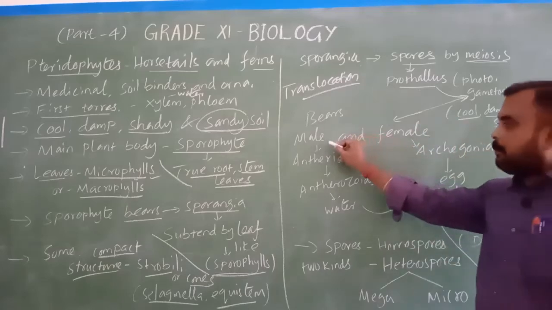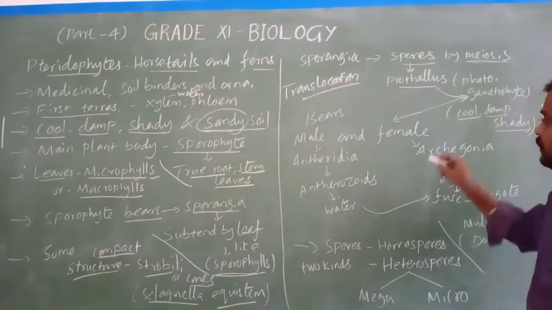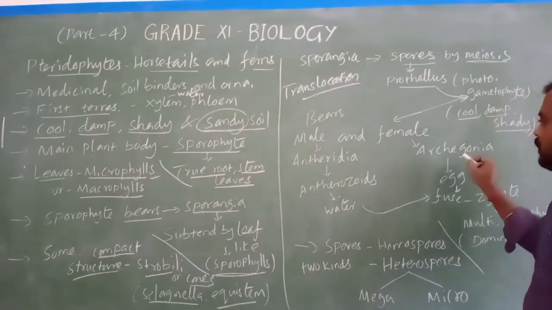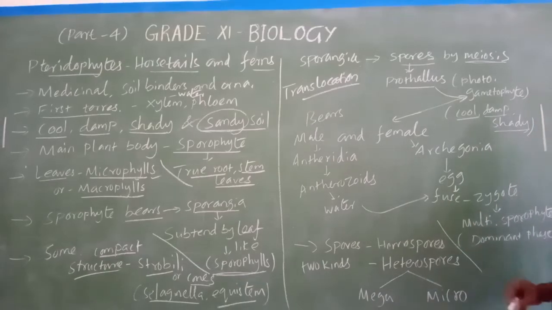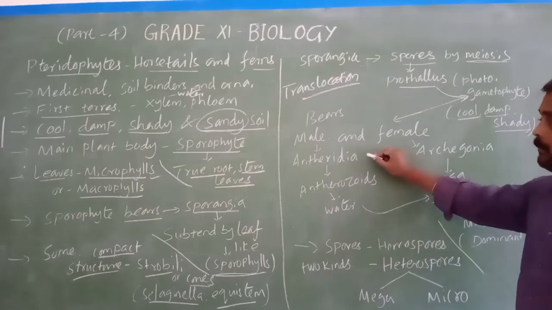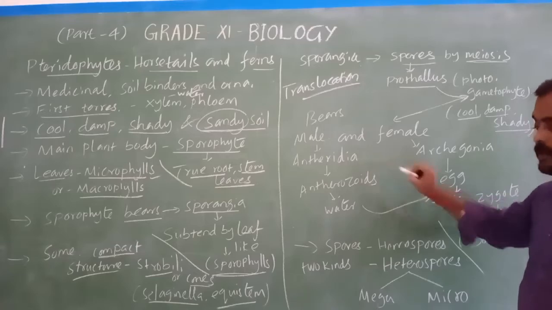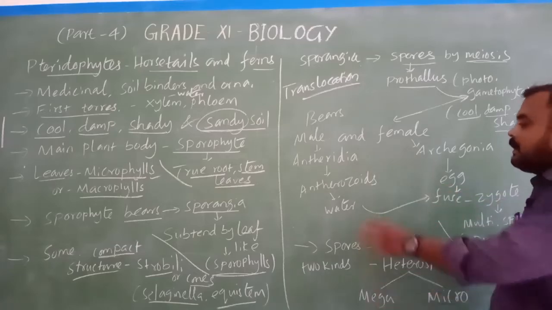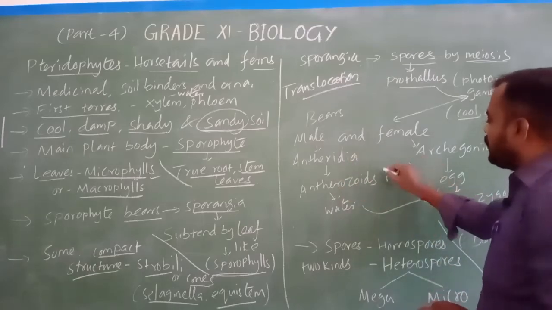The male reproductive organ is the antheridia. The female reproductive organ is the archegonia. From the antheridia, anthrozoids are produced; they are the male gametes.